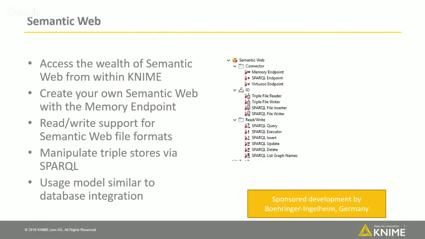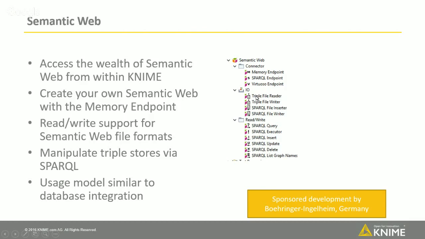The usage model of these nodes is similar to the database nodes, with connector nodes, with query nodes, and with manipulation nodes. In addition, we also provide nodes for reading and writing various triple file formats.